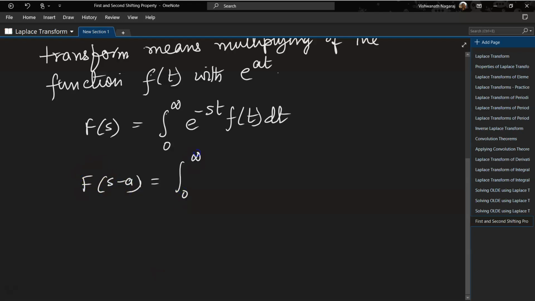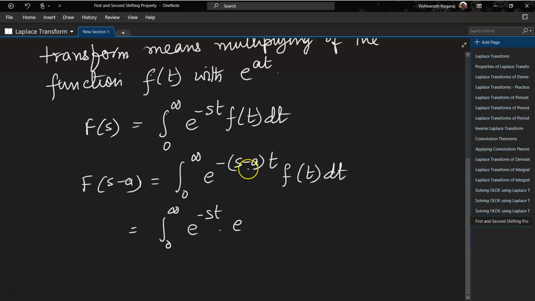So 0 to infinity, e to the power of minus, remember s we have to substitute with s minus a, t f of t dt. That is the integral of e to the power of minus st times e to the power of plus at, f of t dt.